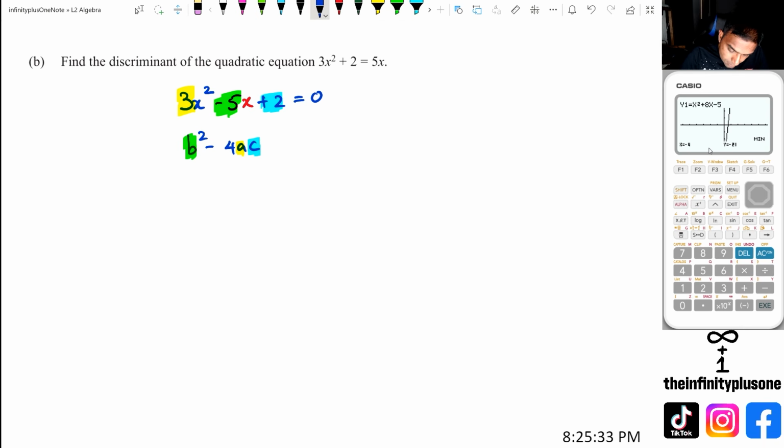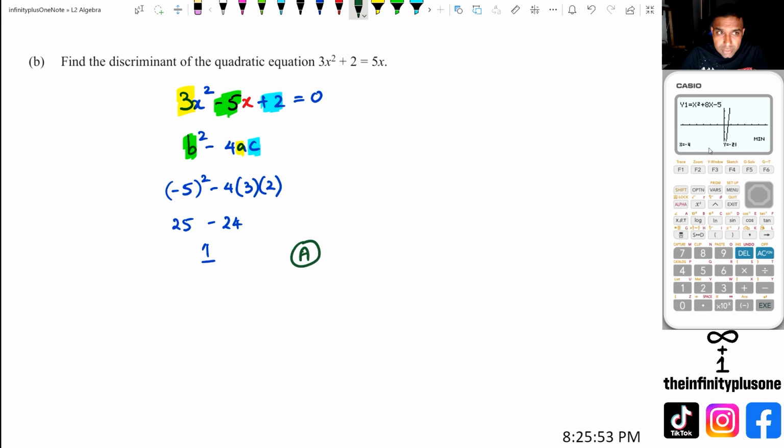So I've got b squared, which is negative 5 squared, minus 4 times 3 times 2. That's 25 take away 24, which gives me a discriminant of 1. This question is also worth just an achieved.